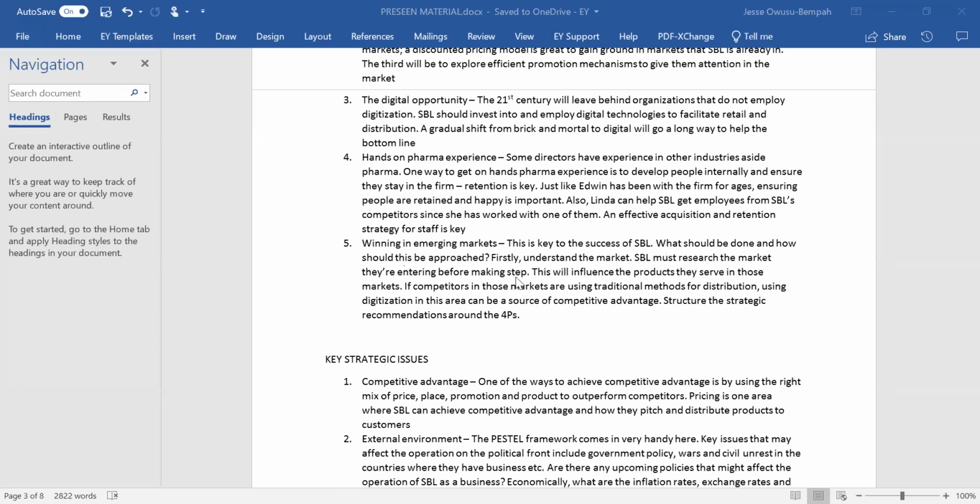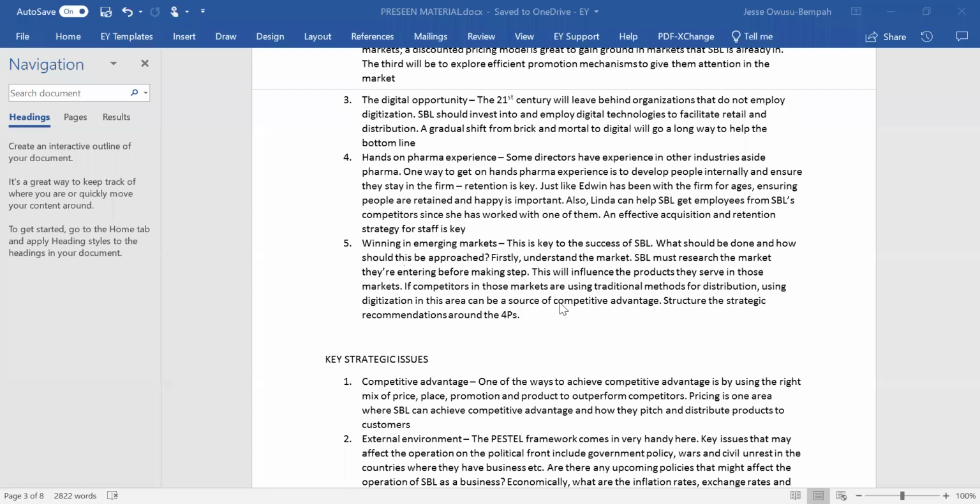So what should be done and how should it be approached? First, understand the market. Once you understand the market, you're able to launch into it. Now, in markets that SBL are already in and are trying to gain a foothold in, it's very important that you structure your recommendations around the 4 Ps.